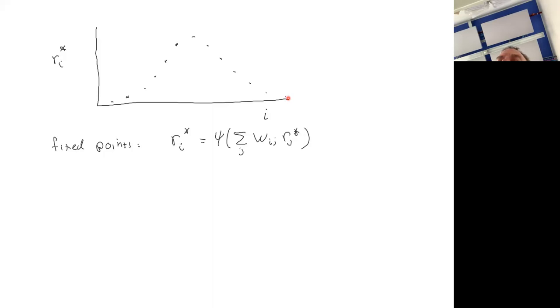I don't want to put all these dots in all the time, so I'm going to replace it by a hill of activity. This is in the limit of a really large number of neurons, where all these points can look like a line.